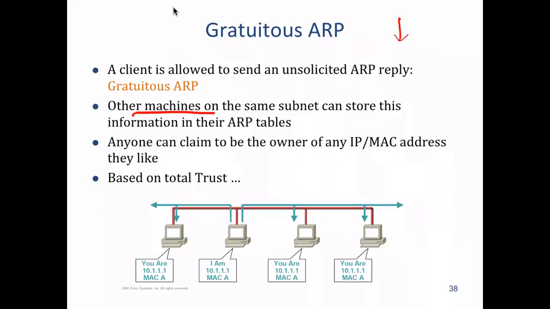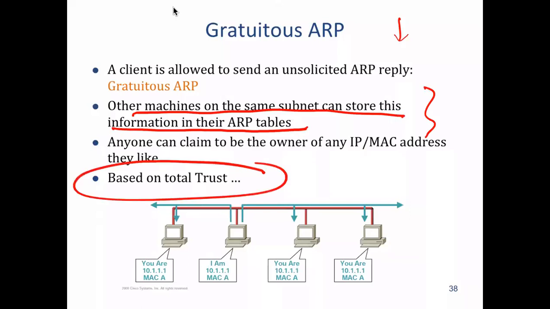So other machines in the same subnet can store this information in their ARP table, and they may respond, because this whole mechanism is based on total trust. And when another machine sees this mapping, those that don't have it can also store this IP address to MAC address mapping in their own table. All right.